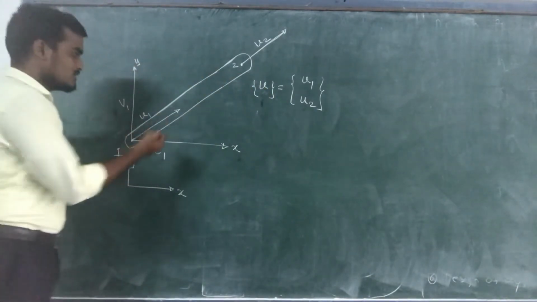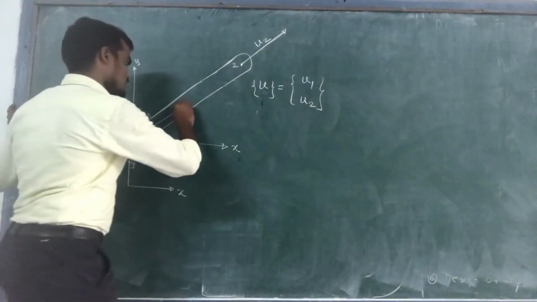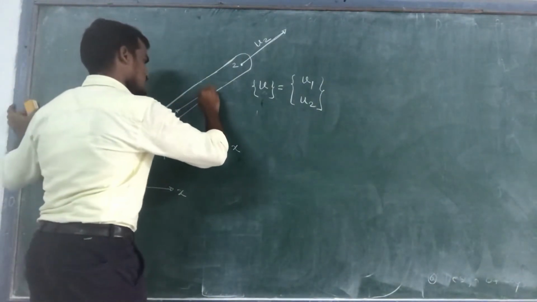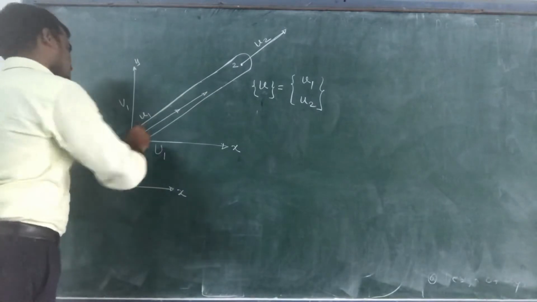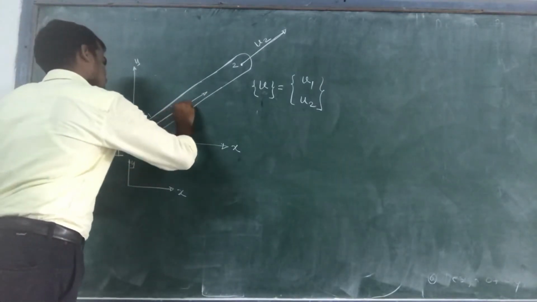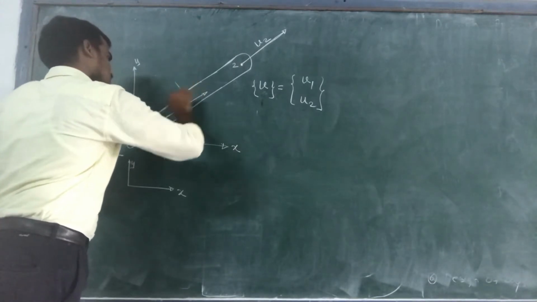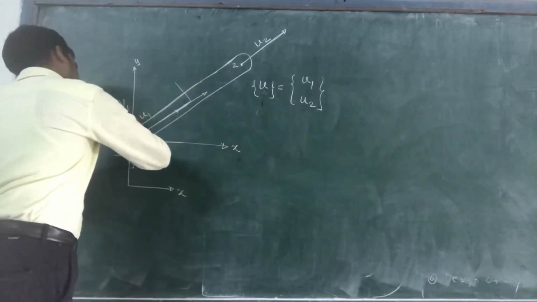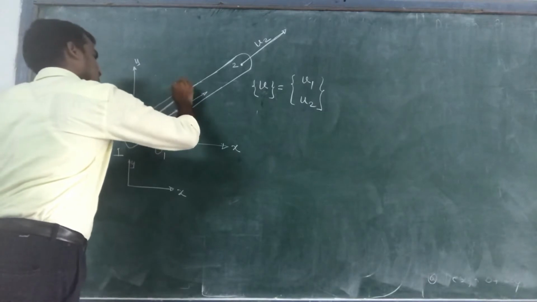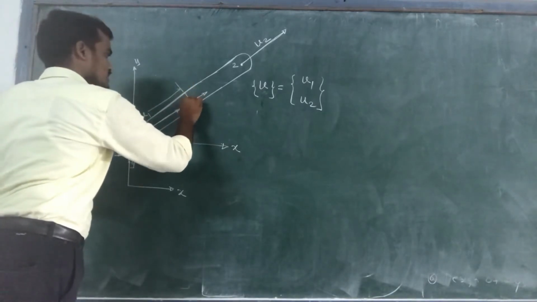So for this, from this figure we can find out this displacement's value. U1 is the total displacement up to this point.